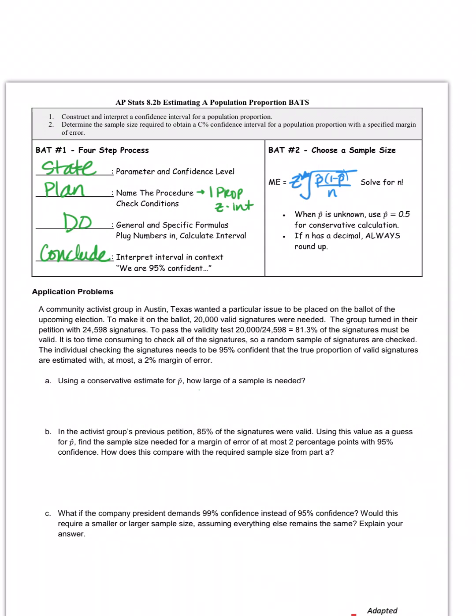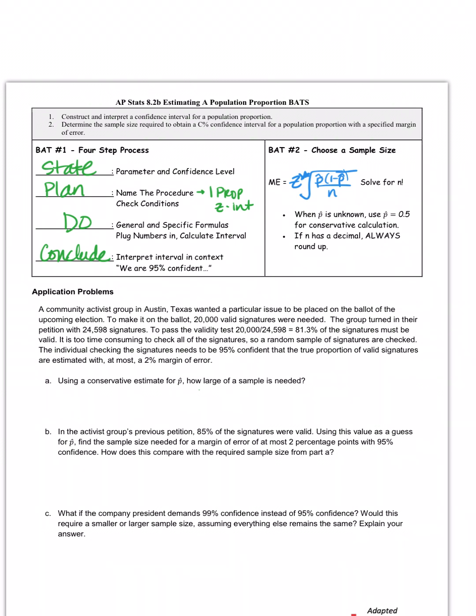Well, it's too time-consuming to check all of them, so a random sample of signatures are checked. The individual checking their signatures needs to be 95% confident that the true proportion of valid signatures are estimated with, at most, a 2% margin of error. So A says, using the conservative estimate for p hat, how large a sample will we need?